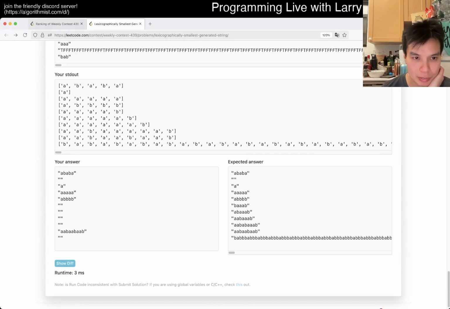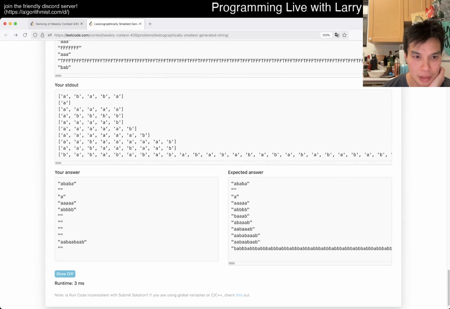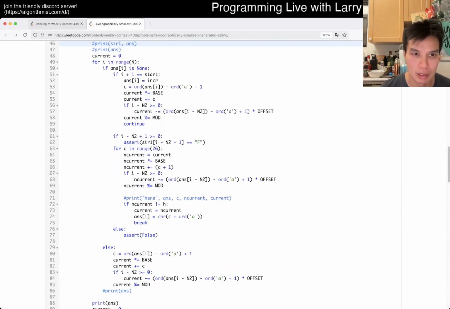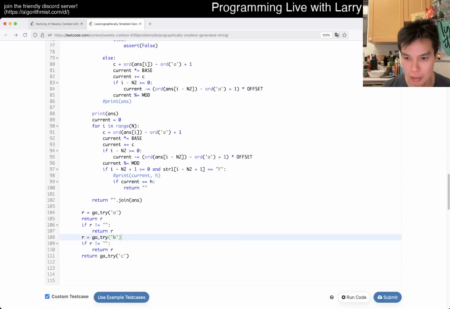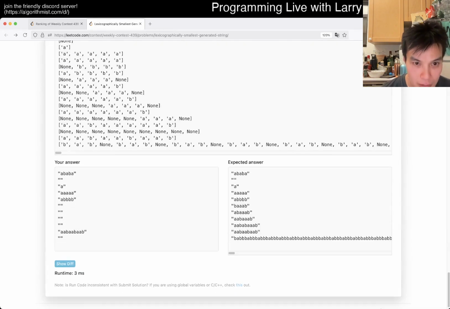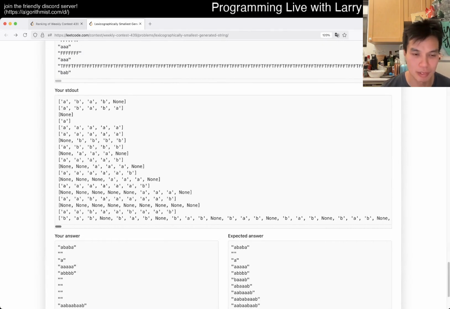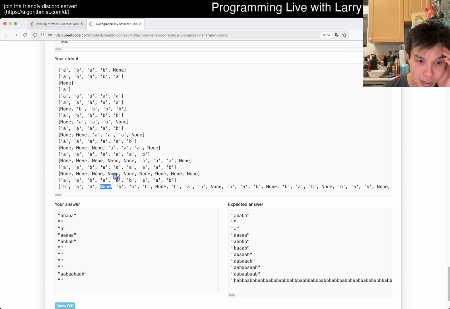Okay, so this is what I think was going to happen, this has a BAB, so that's this on this. Let's see what it looks like before I do the magic. I want to see what is empty. I'm too lazy to work it out. Oh, the reason it's not printing is because this is none.